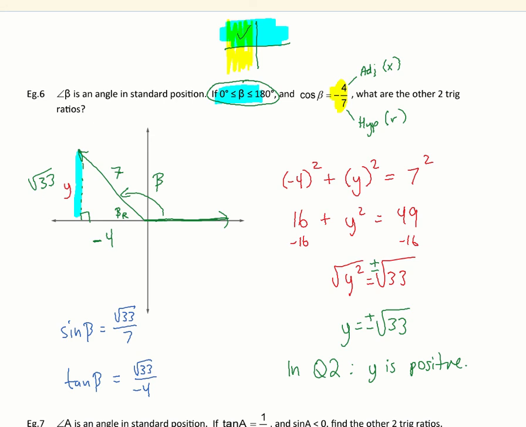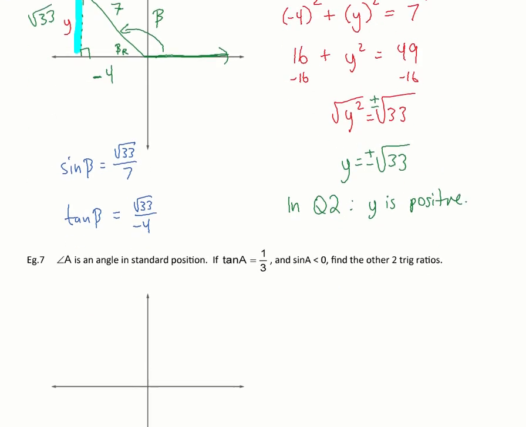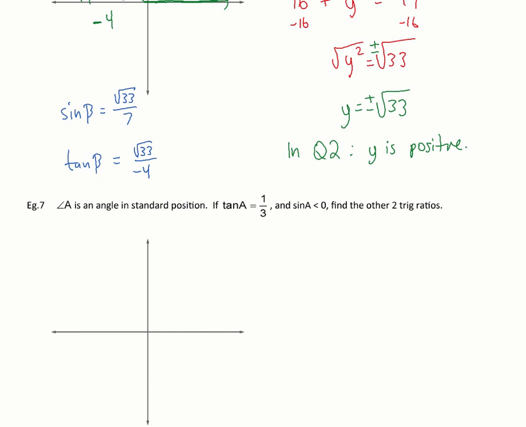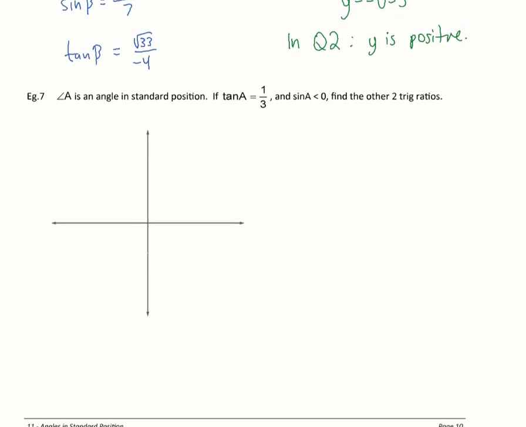Okay, and for the last example, it's the same deal. We're going to figure out which quadrant we're in, and we're going to draw the triangle and kind of go from there. So tan here is positive 1/3. Where is tan positive? Tan is positive where the slope of the terminal arm would be positive.